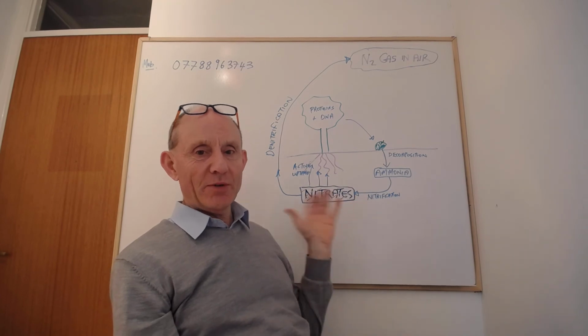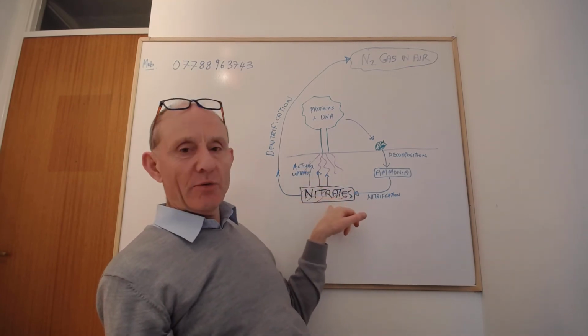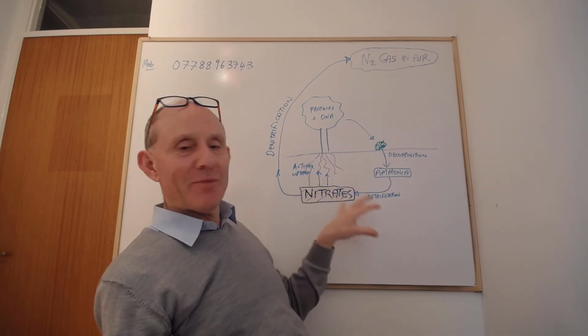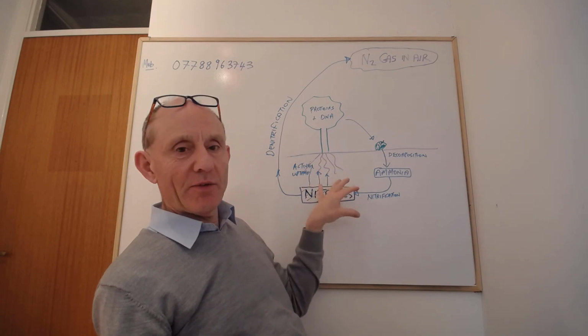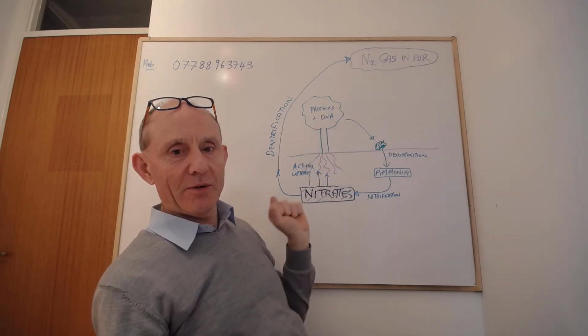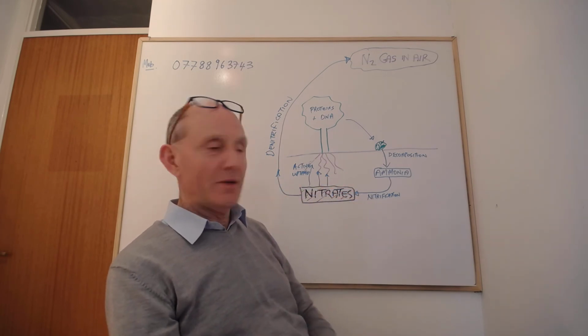Farmers and growers wouldn't want too many denitrifying bacteria in the soil because they get rid of the nitrates. They remove the nitrates, and the nitrates are very important. Any way of getting lots of nitrates in the soil is a good thing, because it makes your plants grow much more. Anything that removes nitrates is not so good.